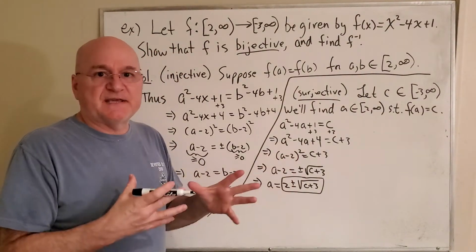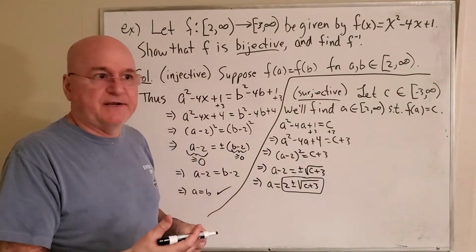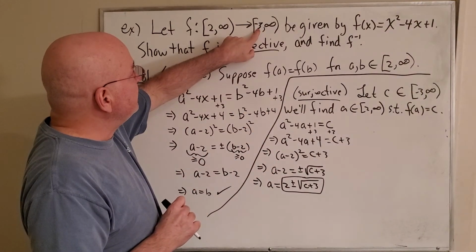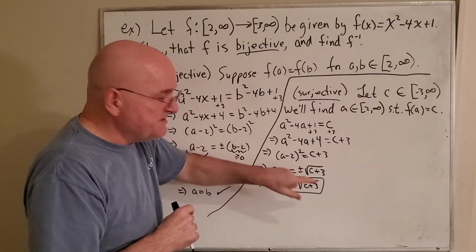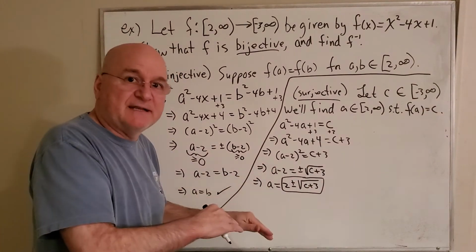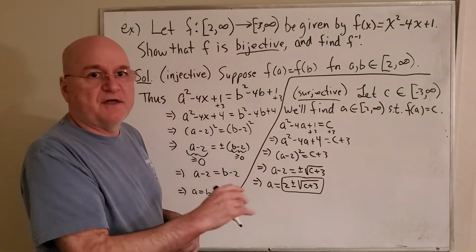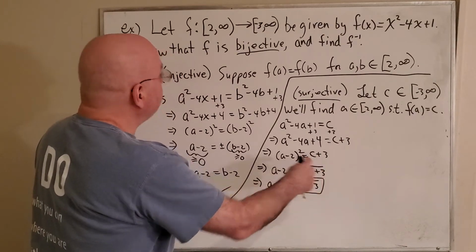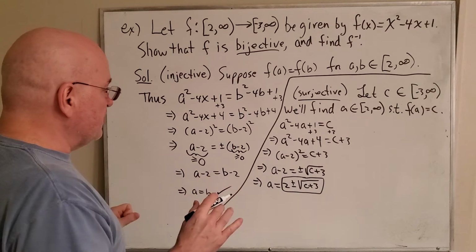A radical means take the positive square root of what's underneath. So what's underneath is a 0 or greater, which makes sense because C came from this set. C could be -3 to infinity. So even if you put a -3 in there, you get a 0 underneath the radical. You'll never get a negative number. And a radical is always a non-negative number. So this A is going to be 2 or greater. So that works.